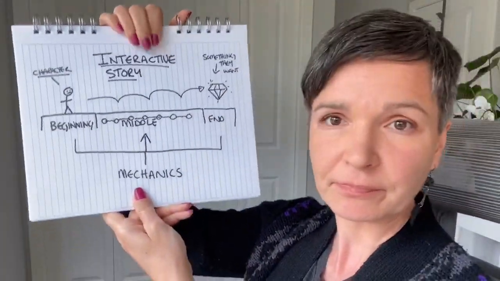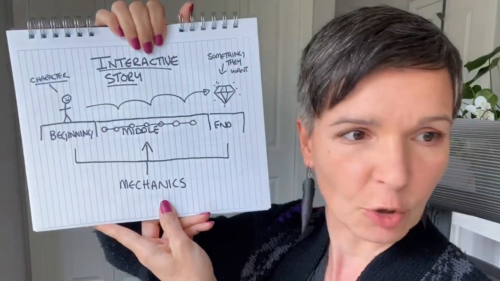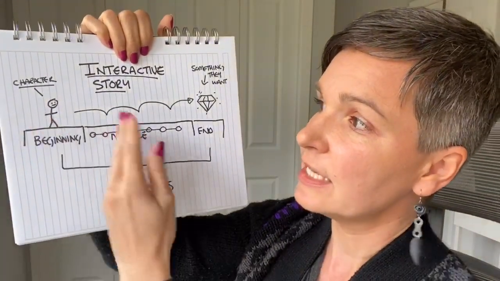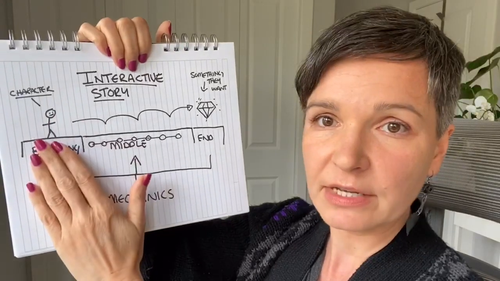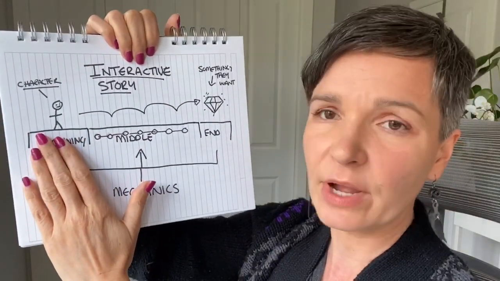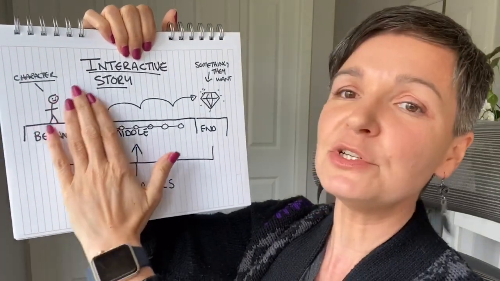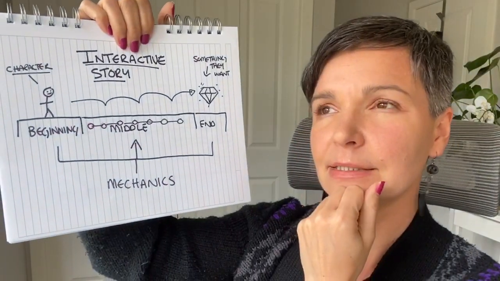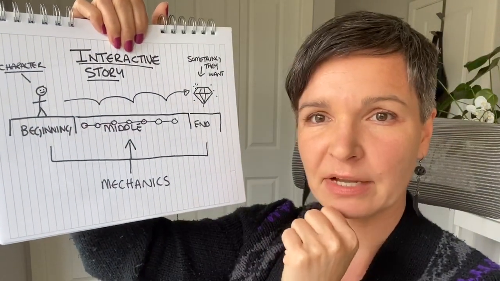When you think about an interactive story, and I always like to put this in context, so hopefully you all can see it, an interactive story is meant to get somebody from a place of unawareness, of not being interested in your topic, of not caring about it in any way, and move them towards this fabulous place where they're like, hey, I think I'm ready to step outside of my comfort zone.